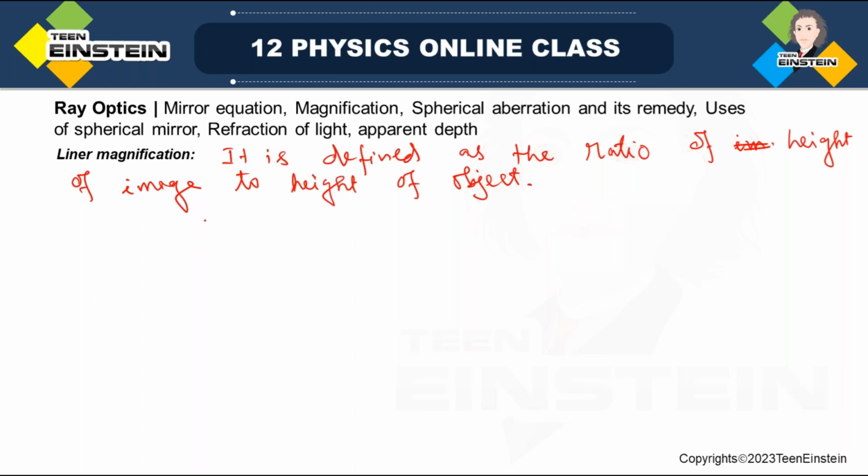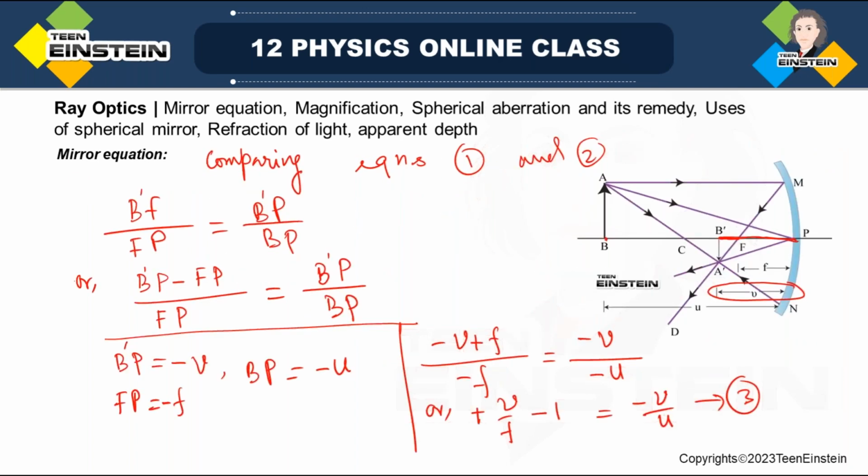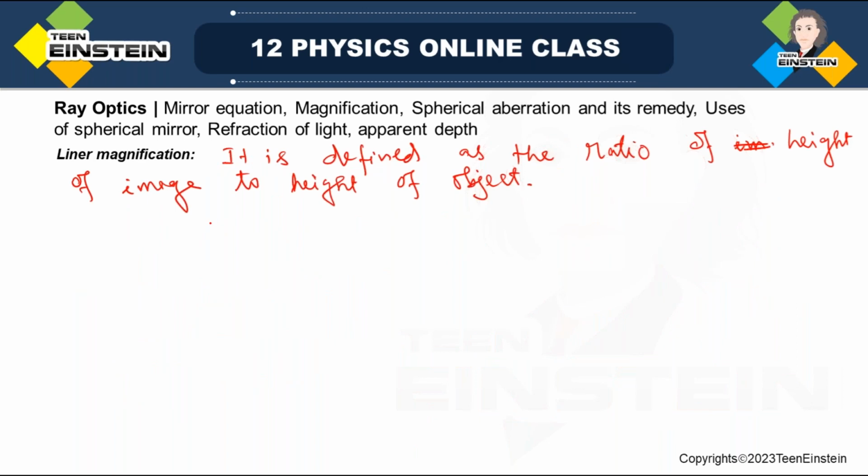Suppose the height of the object is h1 and the height of the image is h2. Linear magnification is denoted by small m. Small m is equal to image height h2 by object height h1.